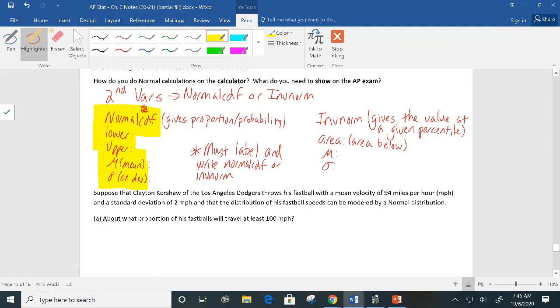All of that stuff has to be written as a part of your answer. In addition, my suggestion is it's always a good idea to draw the curve. Even if you just make a quick sketch of the curve, it's always important that you're doing that to have an idea of what area you're finding or what value you're finding the percentile for. Okay, so draw the curves in, even if it's a quick sketch.